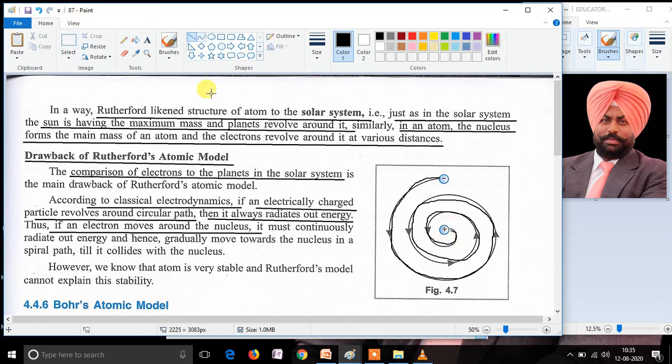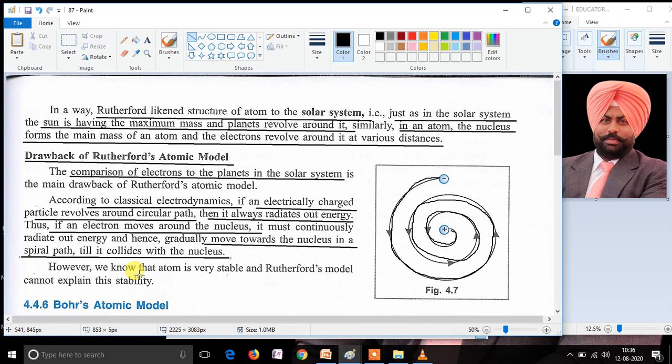And if this process continues and the electrons move towards the nucleus in a spiral path, at last they should collide with the nucleus. And if the electrically charged electrons collide with the nucleus, the atom should not exist as it will explode.